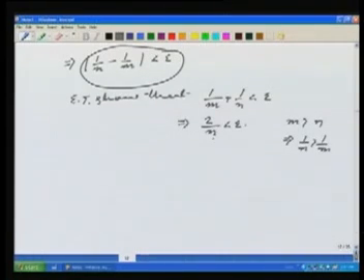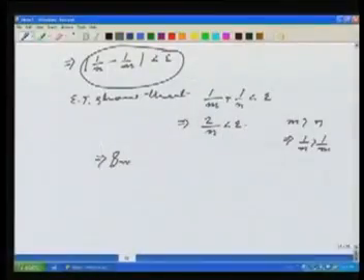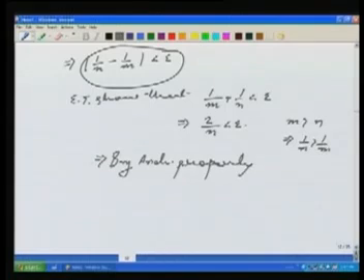But I can always find such an n, again by the Archimedean property. There exists capital N such that 2 by capital N is less than epsilon, and that finishes the job.